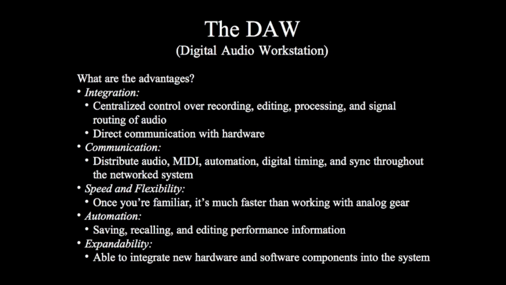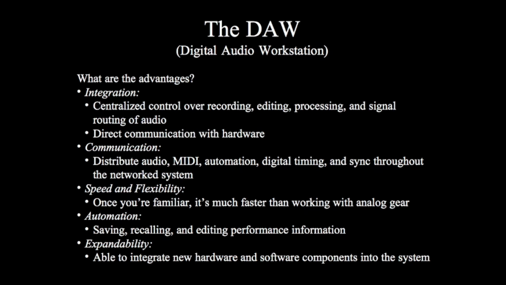The DAW also allows, and this is really important here, for saving, recalling, and editing performance information. And when I say performance information in this context, I mean fades. So for instance, if you wanted a fader to slowly bring in the sound of an organ sort of droning, to slowly bring it into the texture of the music, with the digital audio workstation you can record yourself bringing that fader up just at the right speed.